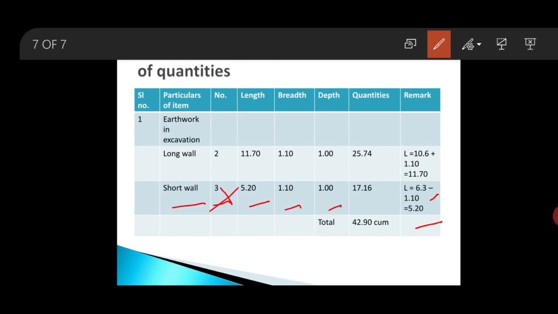So, by multiplying these 3, we will get the quantity of earthwork in excavation along short wall as 17.16 cubic meter, and the total quantity will be calculated by adding up both long wall and short wall, which is equal to 42.90 cubic meter.